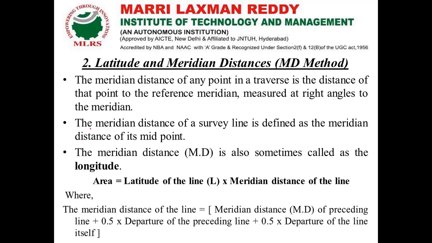Whereas here we have written the meridian distance of the line, M, which is equal to the meridian distance of the preceding line plus 0.5 into departure of the preceding line plus 0.5 into departure of the line itself.